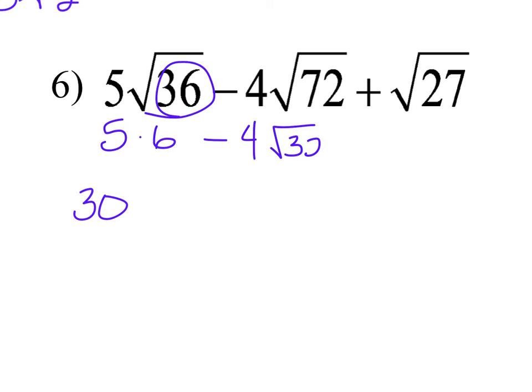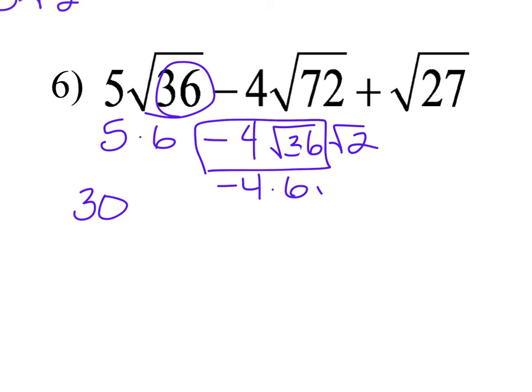And I wrote the wrong number. Okay, so it's 36 and 2. Remember, you want the biggest one. 9 and 8 work, but that's not the biggest one, and you're not going to have it simplified completely. So put negative 4 times 36 in the calculator, or it's negative 4 times 6 radical 2. And negative 4 times 6 is negative 24 radical 2.